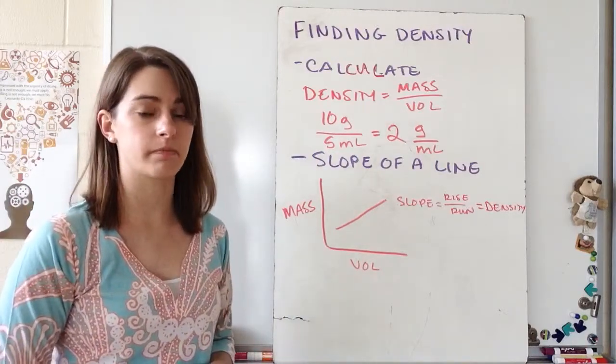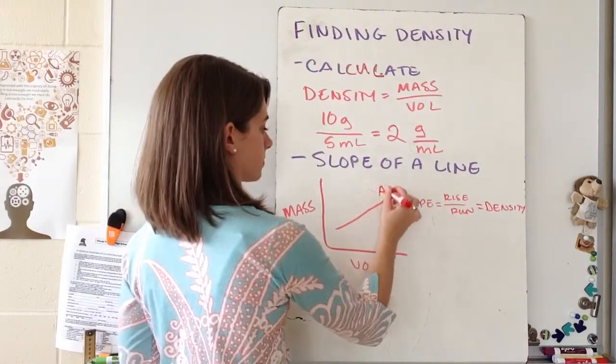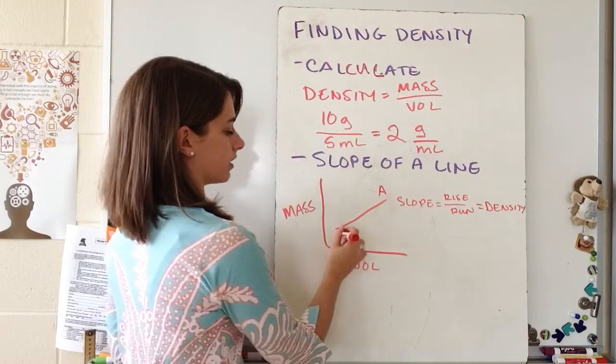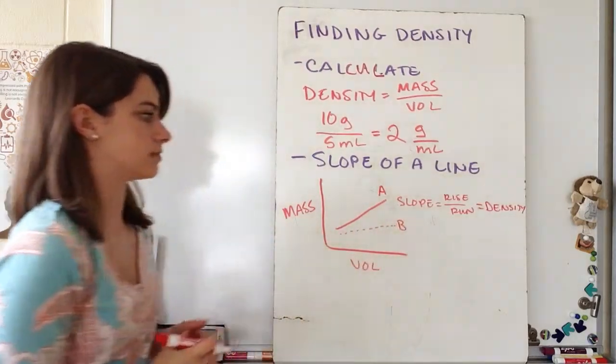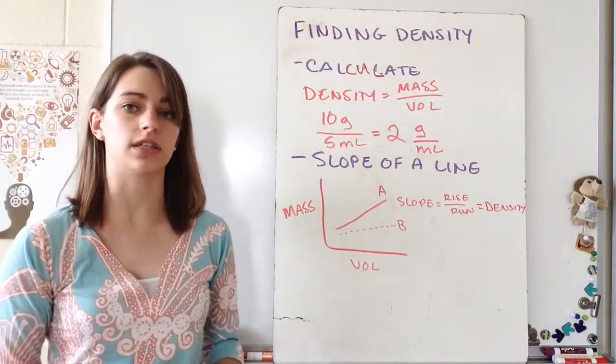Another way that I can use this graph is to compare two substances. So I'm going to call this first line substance A, and let's pretend I have another line, and that's for substance B. Simply by looking at the two lines, I don't even have to calculate the slope.